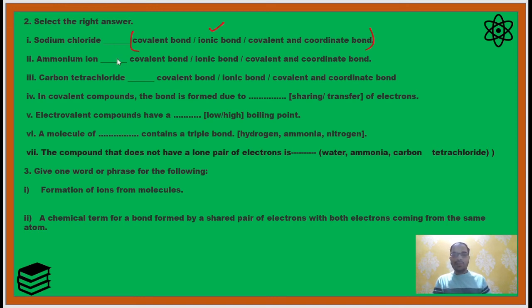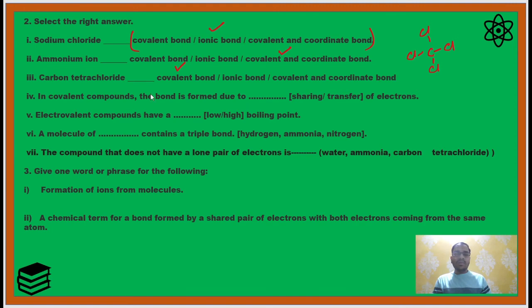Ammonium ion, which kind of bond will it have? It has both covalent and coordinate, discussed in the previous slide only. Carbon tetrachloride is completely covalent, structure similar to methane itself, okay? Where each chlorine shares one electron pair with carbon. So the correct option is covalent bond.